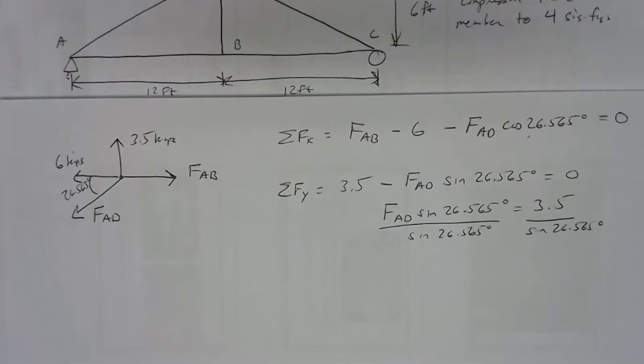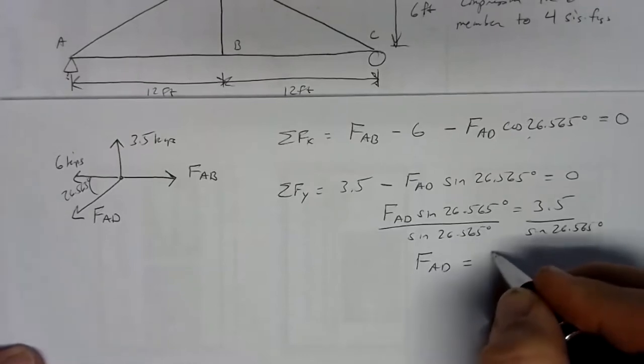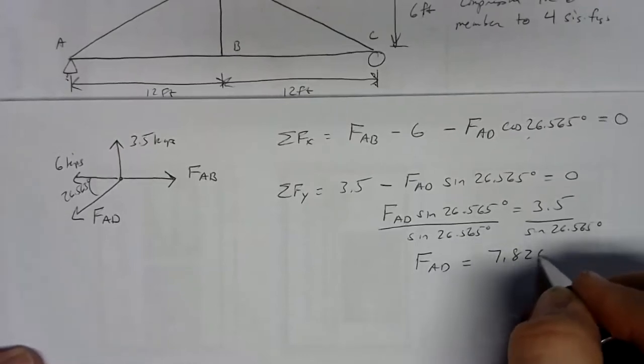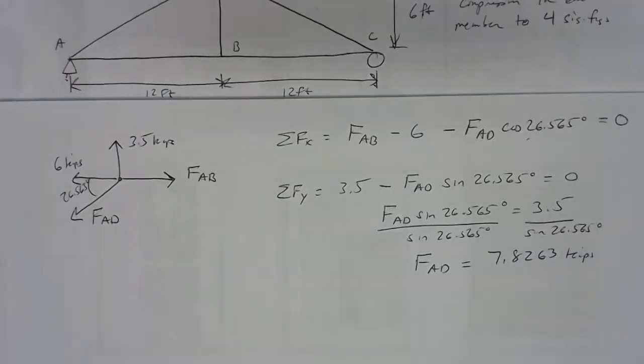That's 7.8263. So FAD comes out to be 7.8263 kips. Came out positive, so we know our direction's good, and we'll be able to interpret our tension or compression from that.